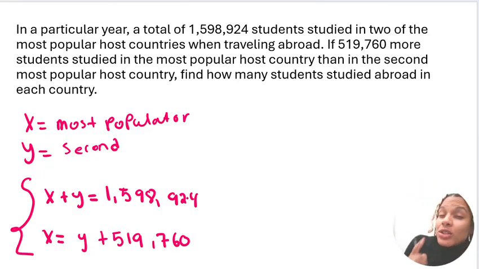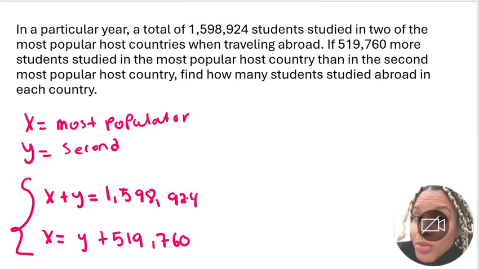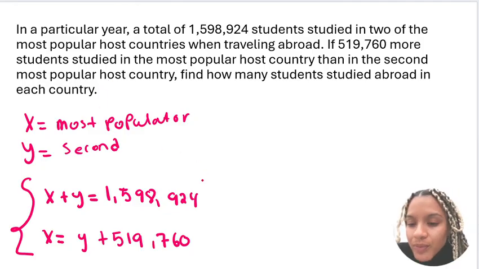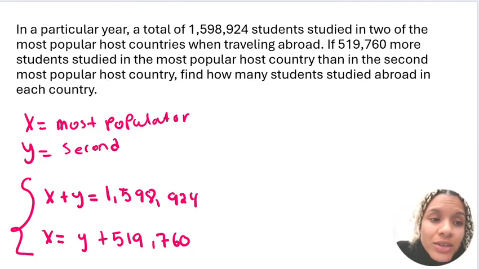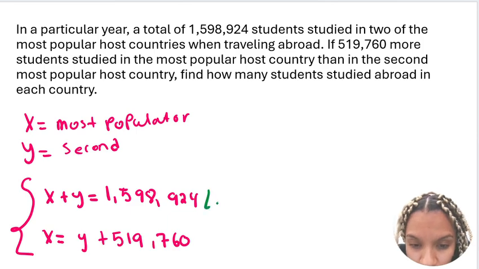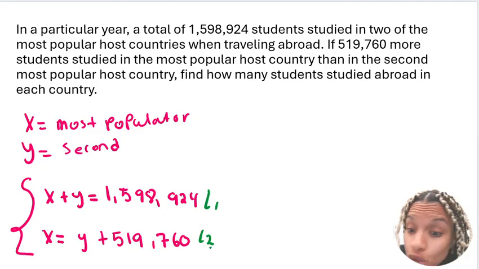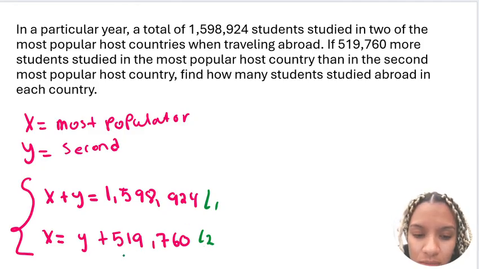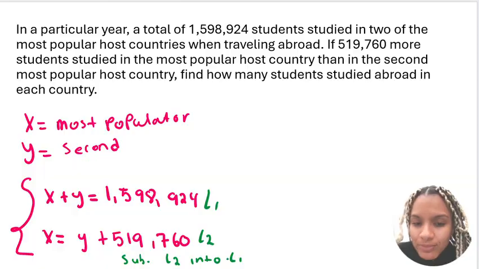But we're not told specifically how many went to the most popular. So when we create our two lines here, I am going to use the substitution method to solve for this. I am going to substitute line 2 into line 1.